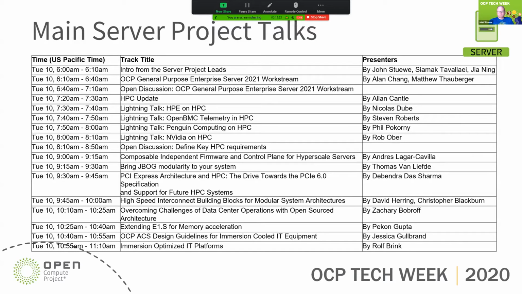We're trying to get more synergy between the project groups here. And then another, immersion optimized IT platforms. So we have a good track today, and looking forward to everybody attending and giving us some good feedback.